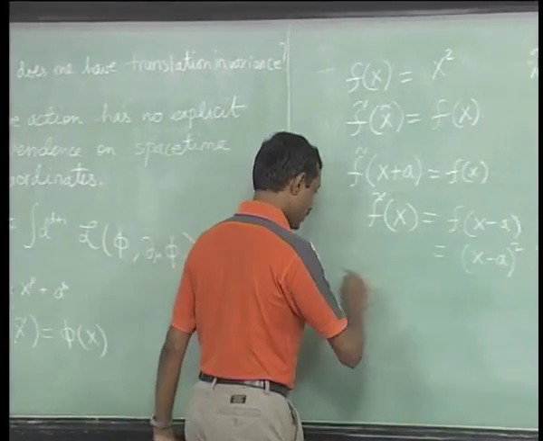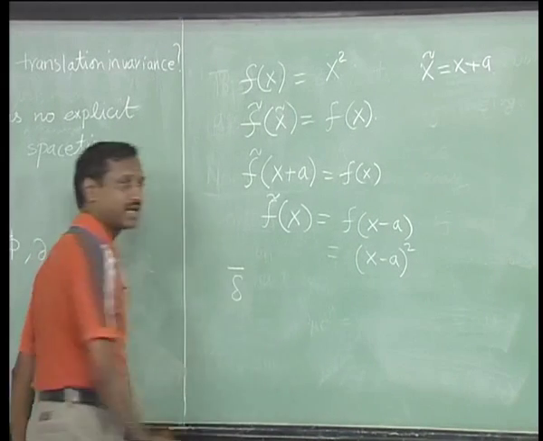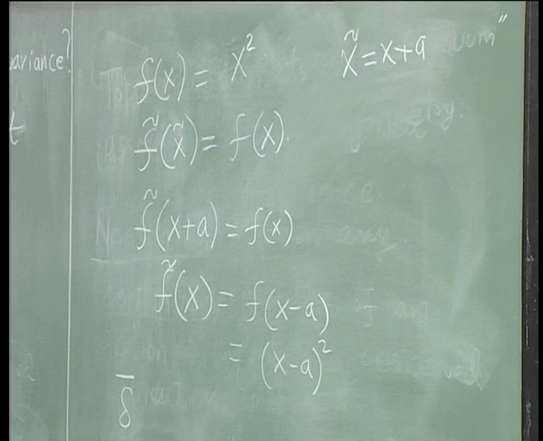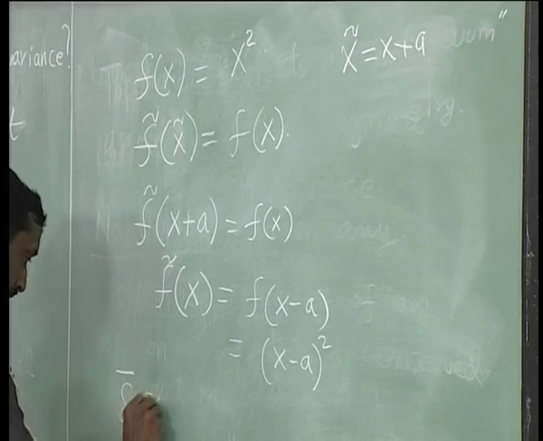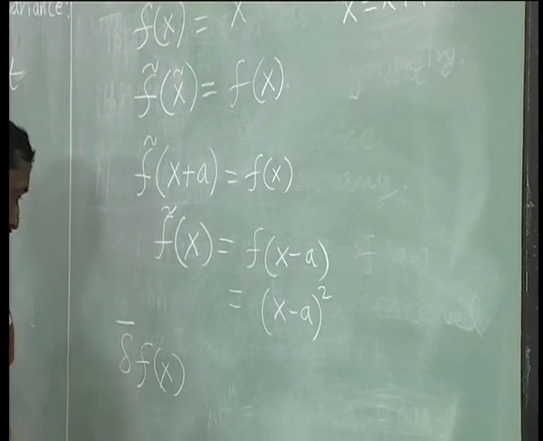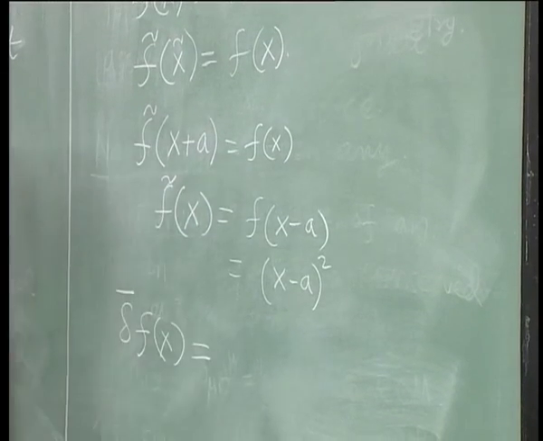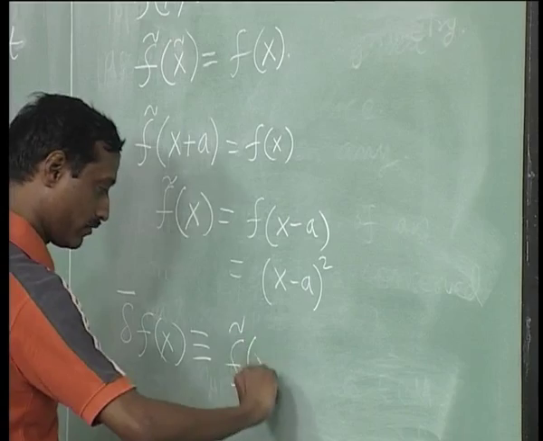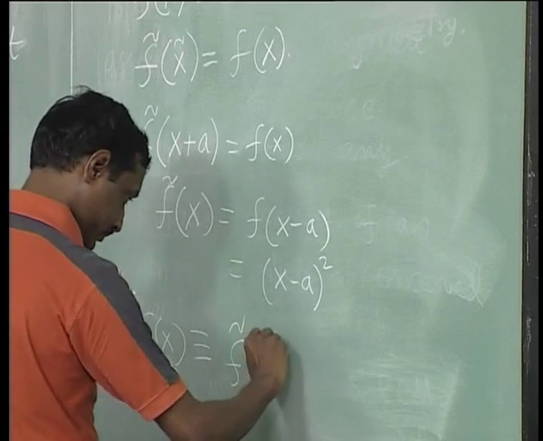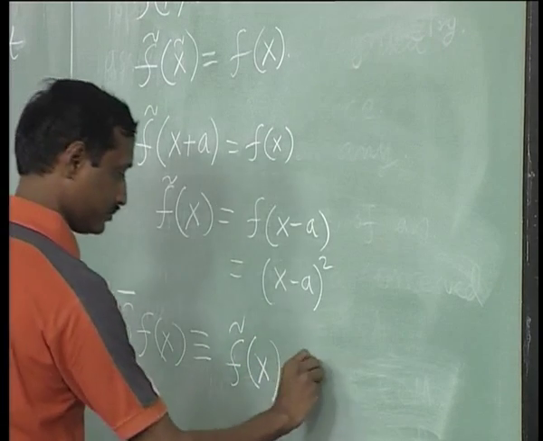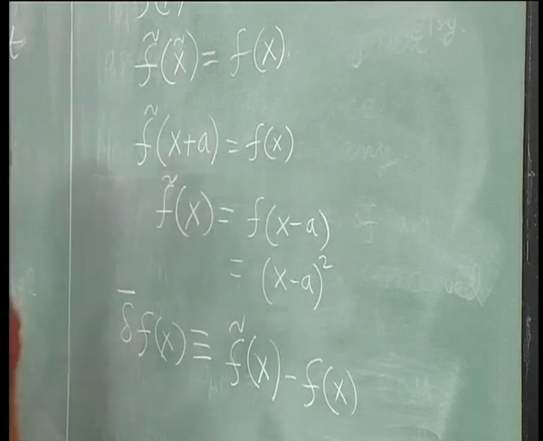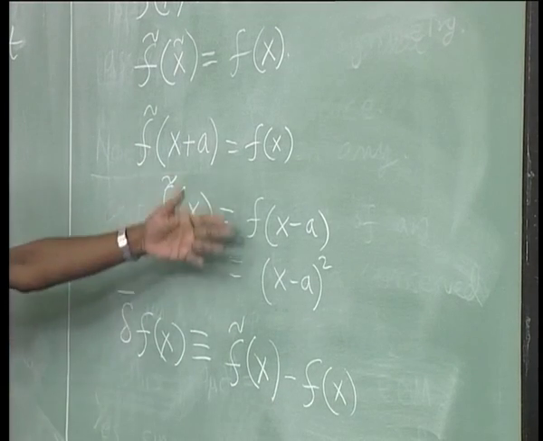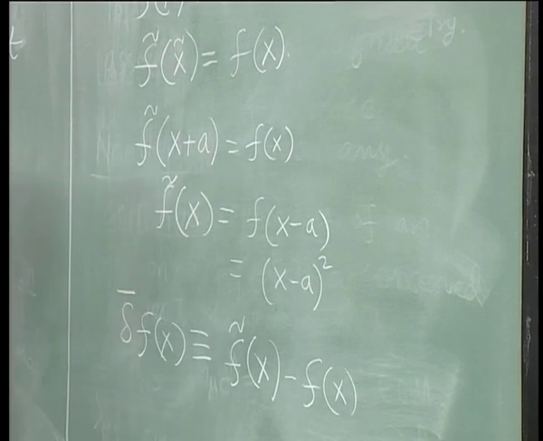And so, now I had defined yesterday something called delta bar, which was the change in the functional form. Okay. So, what is delta bar of f of x? That should be defined to be f tilde of x. Okay. So, let us plug this in.